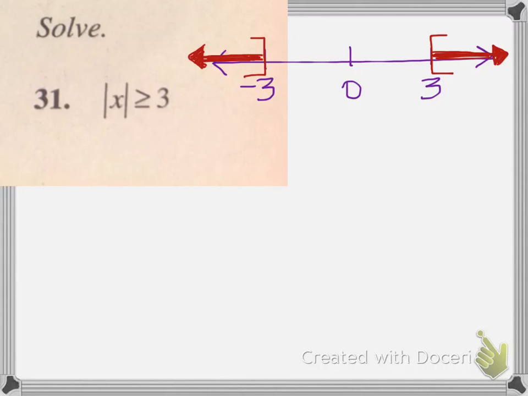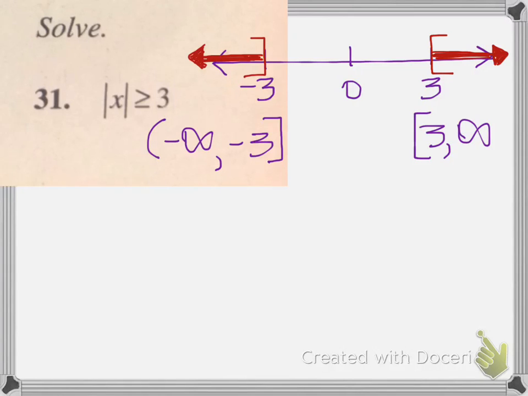Now to express this mathematically, because we have two distinct parts of our number line here, on the left-hand side the highest it can be is -3, the lowest it can be is -infinity. On the right-hand side, the lowest it can be is 3, the highest it can be is positive infinity.